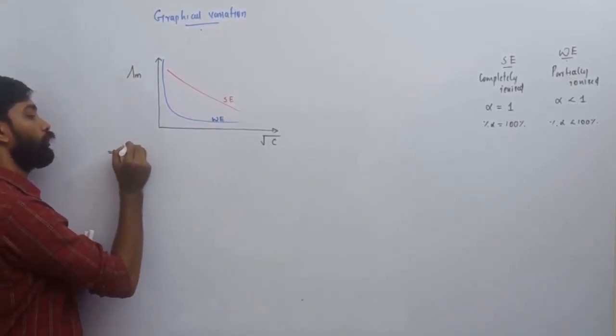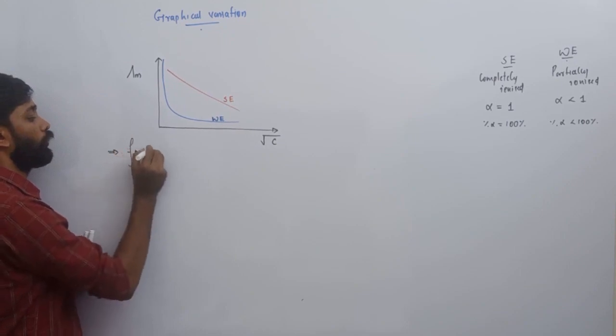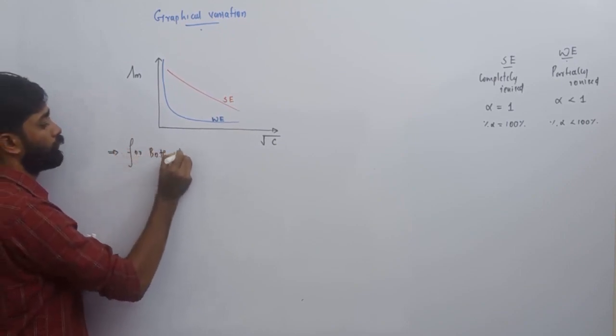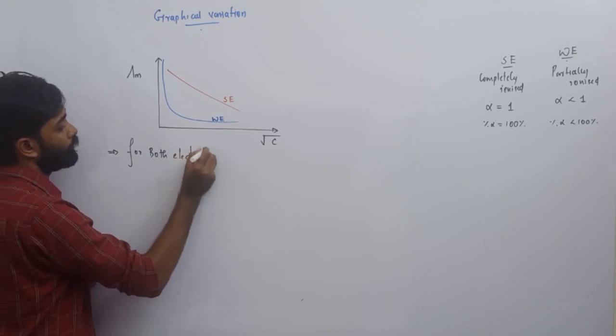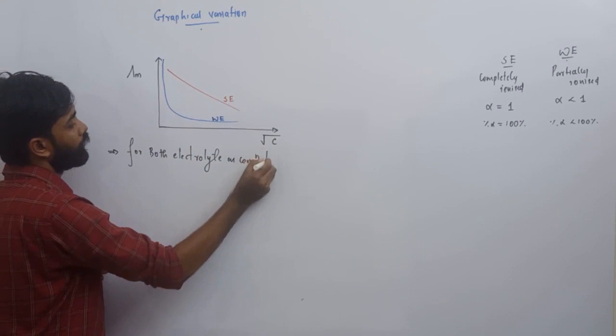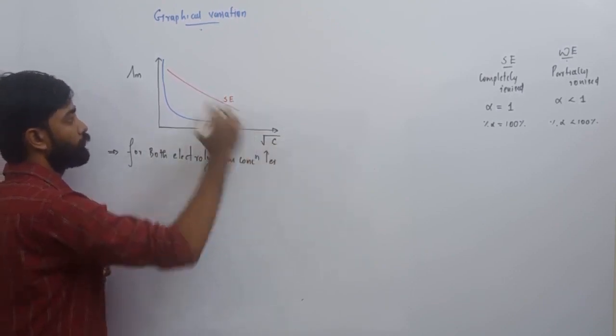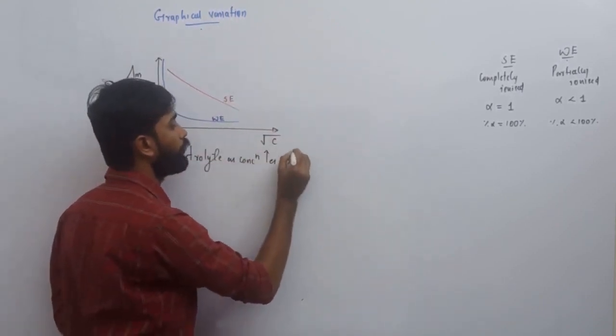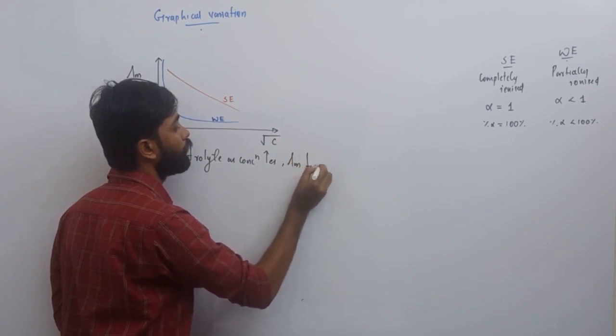Okay. So for both electrolytes, as concentration increases, molar conductance lambda m decreases.